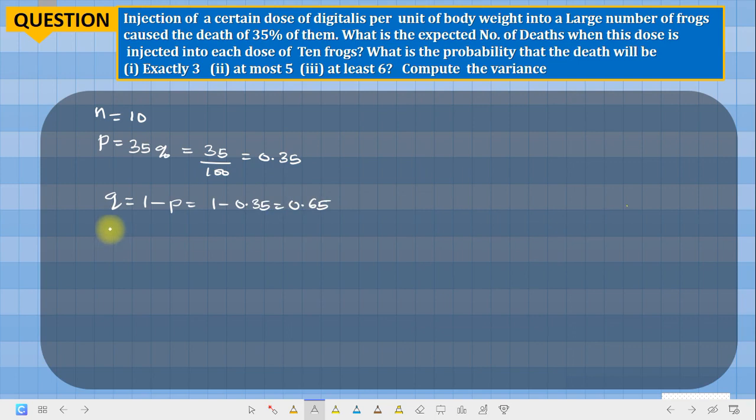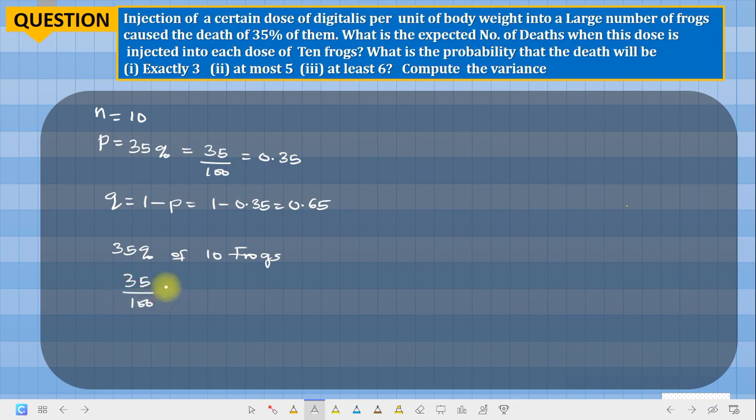Now the next thing that we need to look for is, they told you, what is the expected number of deaths when this dose is injected into each dose of 10 frogs. Now the expected number of deaths is 35% of 10 frogs, because they told you 35% of them will die. 35% we said is 35 over what?